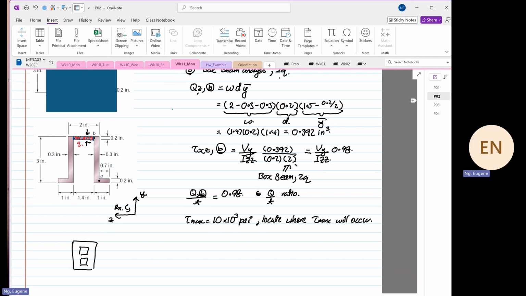So we realize that at point A and at point B, the thickness is equal to 0.2 inches. Can you see that?